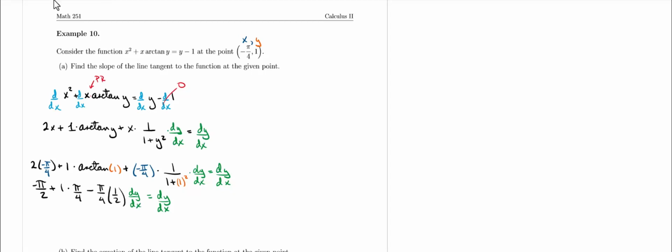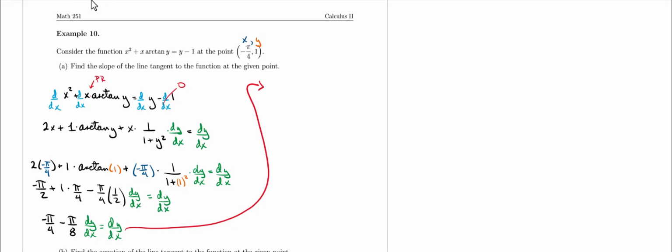Okay, simplifying things a little bit more, negative pi over 2 plus pi over 4 gives us negative pi over 4, minus, now it's pi over 4 times 1/2, so that's pi over 8 dy/dx, equal to dy/dx. Okay, we're almost done.